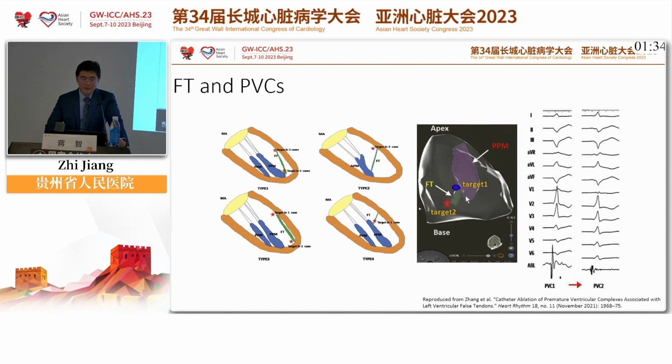And in one patient who had a false tendon arising from the left septum to the tip of the papillary muscle, the initial ablation ablated the papillary muscle type premature ventricular contraction, and then the morphology suddenly changed to a second one with the exit more basal, and the PVC was eliminated at target 2.